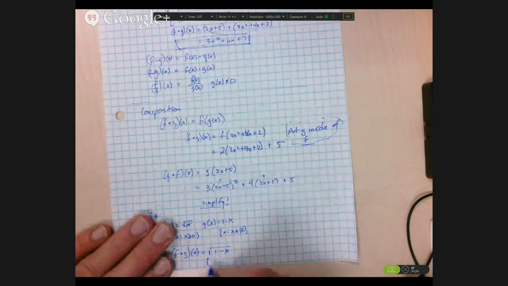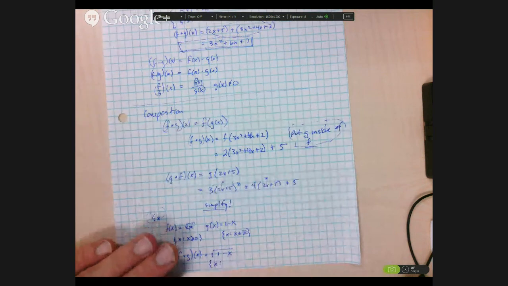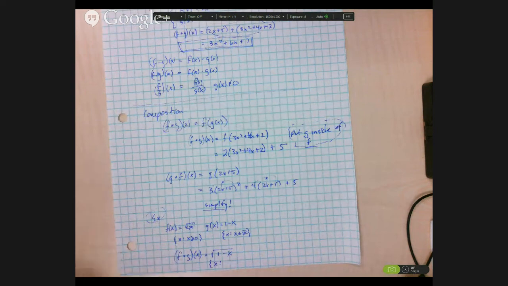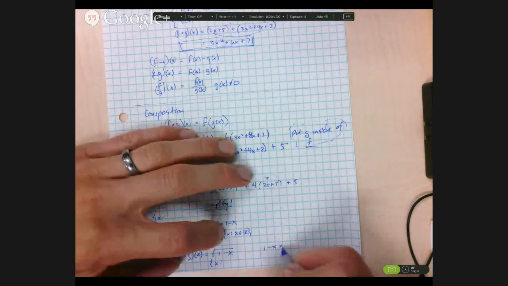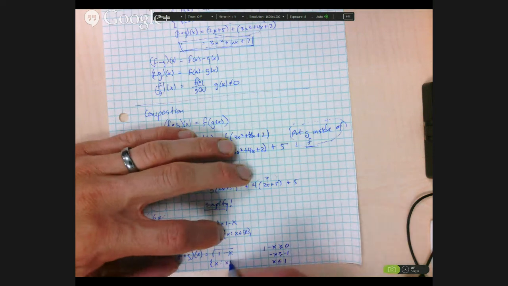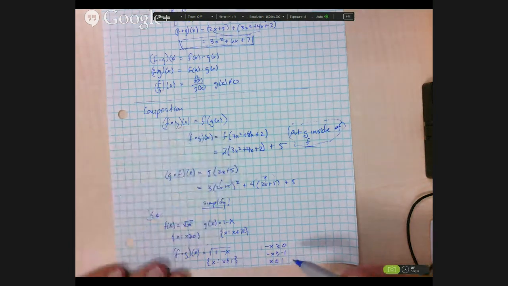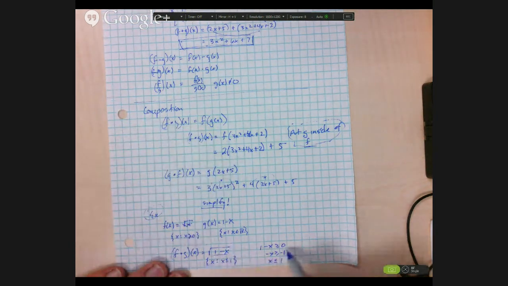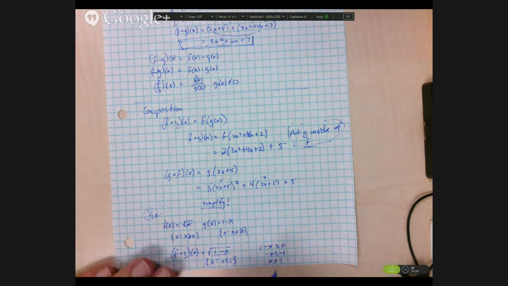So the domain has actually changed to the set of x such that, let's see here, 1 minus x has to be greater than or equal to 0. Negative 1. X is less than or equal to 1. So that's one way to do it. If you know that this has to be bigger than 0, set that up and solve it, and you got your domain. So be careful there.